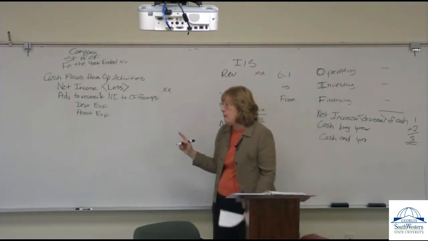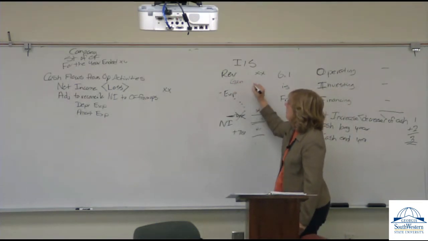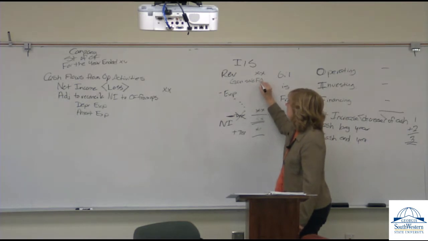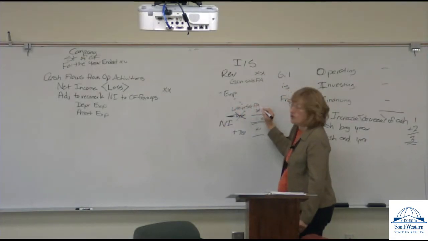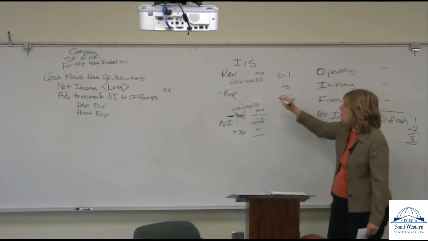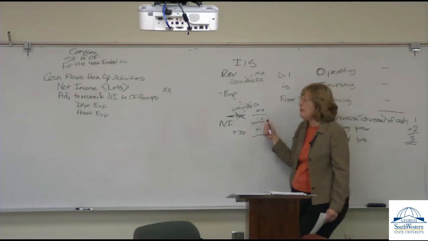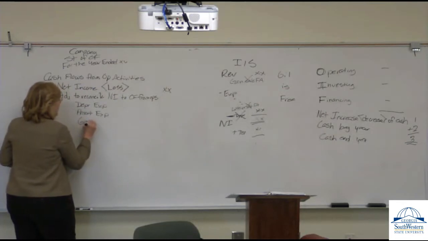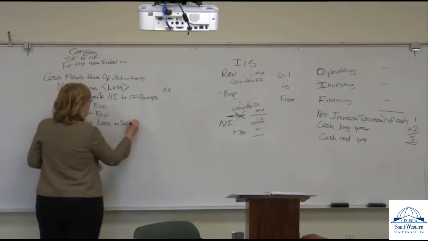The next one is, sometimes on your income statement you have a gain on the sale of fixed assets, up here in the gains, or a loss on the sale of fixed assets, which is a loss. Now what we want to do is to take these off of our net income. The way that we're going to do that is with our next adjustment, the gain or the loss on the sale of fixed assets.